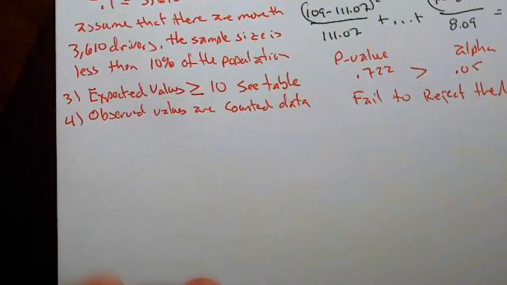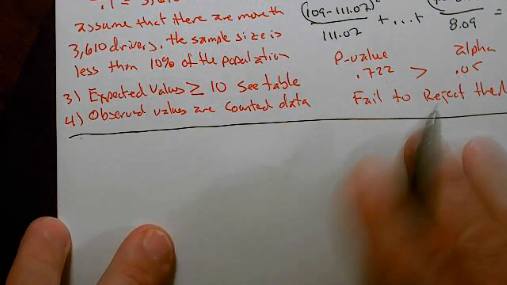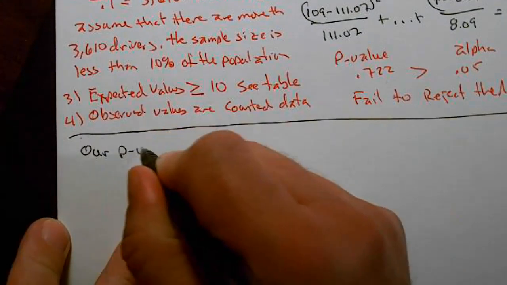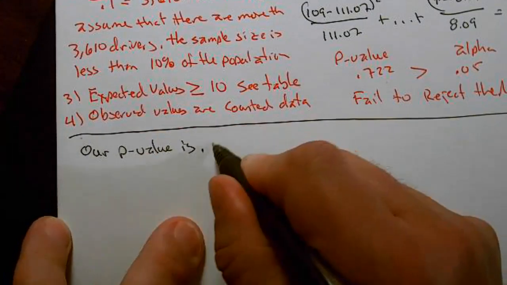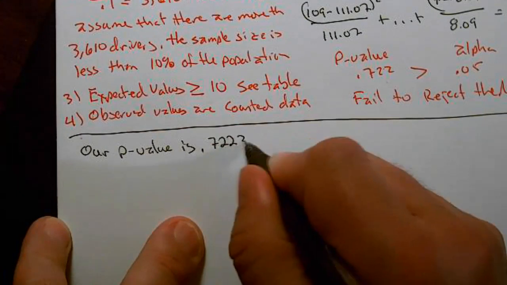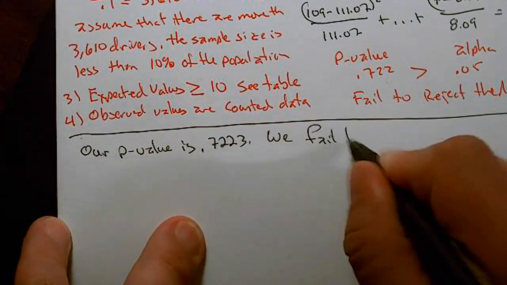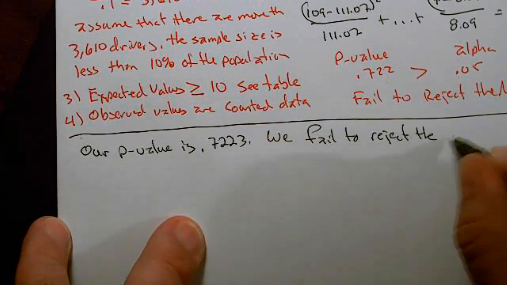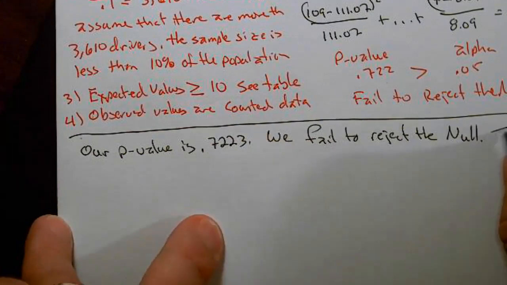So, our conclusion, our p-value is 0.7223. We fail to reject the null.